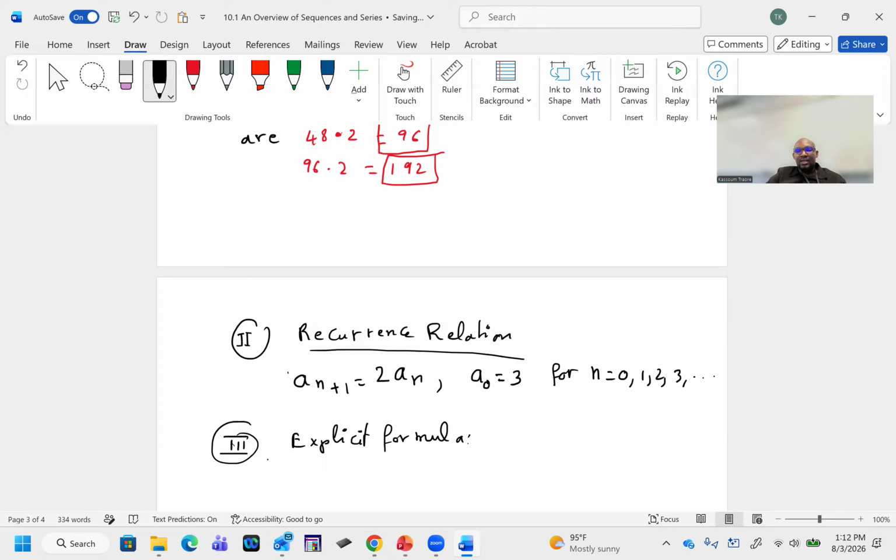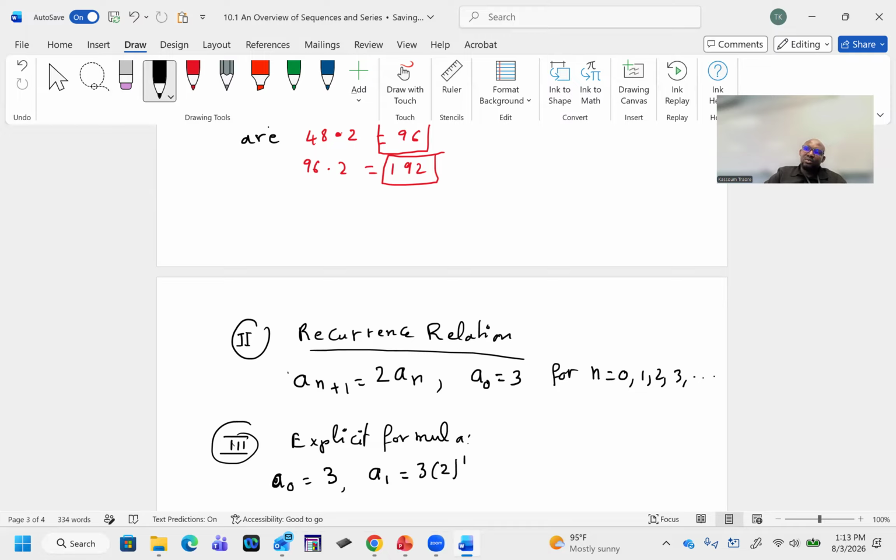We note that we know A sub 0 is what? 3, right? A sub 1 will be what? 3 times 2 to the power of 1.